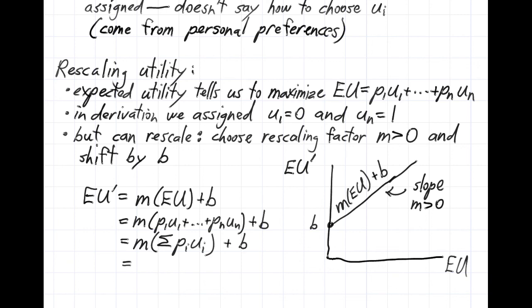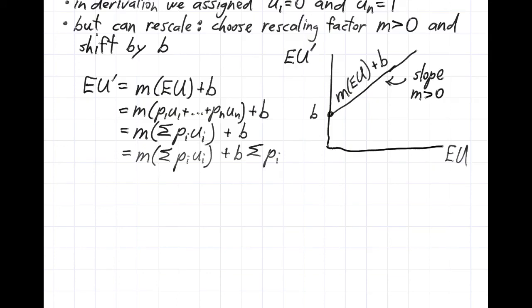And the trick here that I want you to see is that I can multiply B times the sum of pi because the sum of pi is equal to 1. So really I have multiple sums here, and I can group them together now to do a sum of M times pi ui plus B pi.